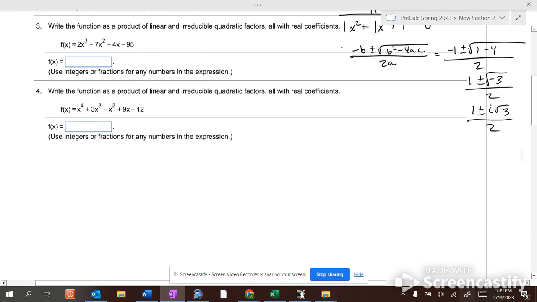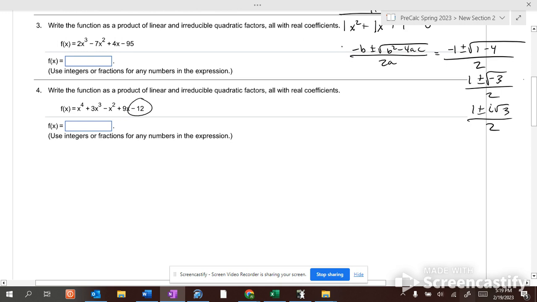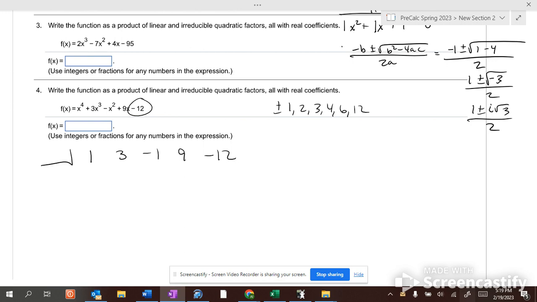So let's do this last one here. Okay, possible factors of this. So we have 1, 3, negative 1, 9, negative 12. Possible factors are plus or minus 1, 2, 3, 4, 6, and 12. So there's a lot of them.